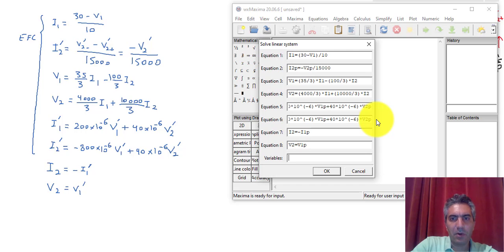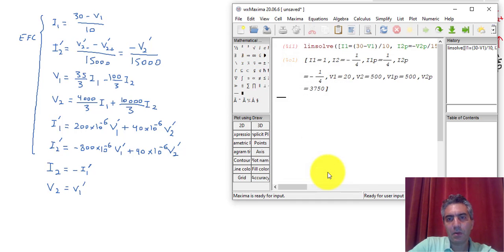And we're going to ask for all the variables, so we want I1, I2, I1 prime, I2 prime, V1, V2, V1 prime, and V2 prime. And there we go.